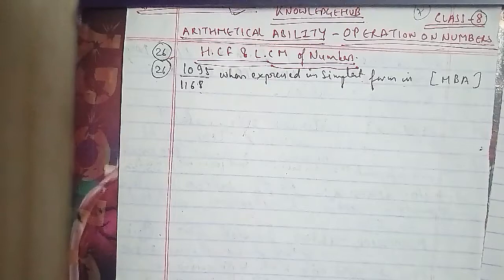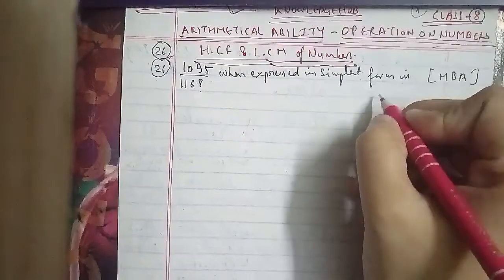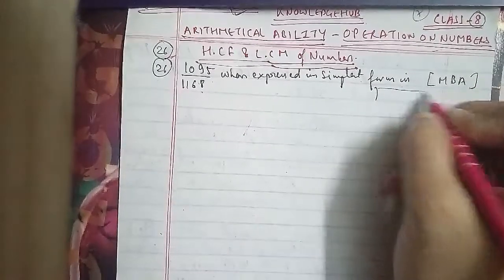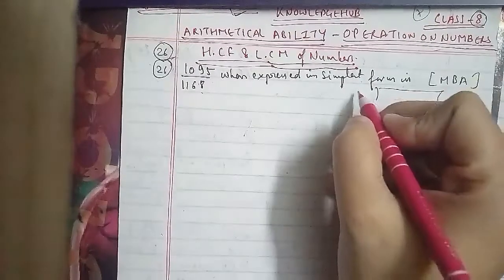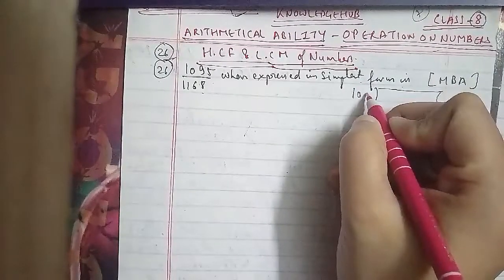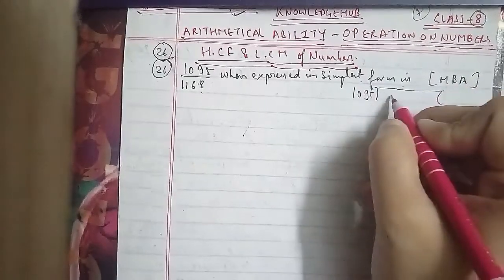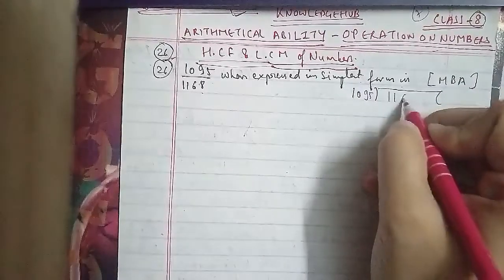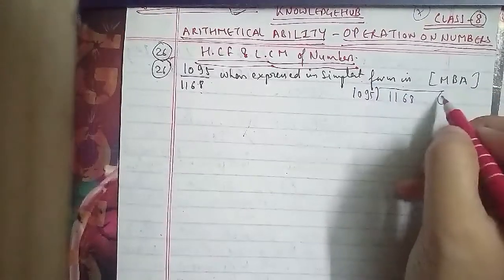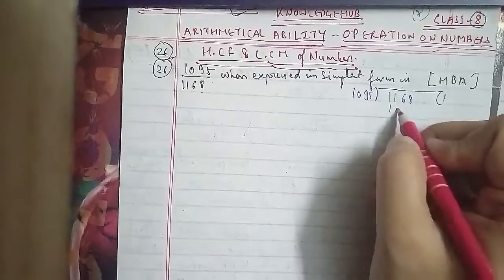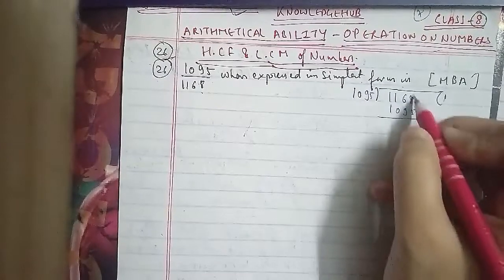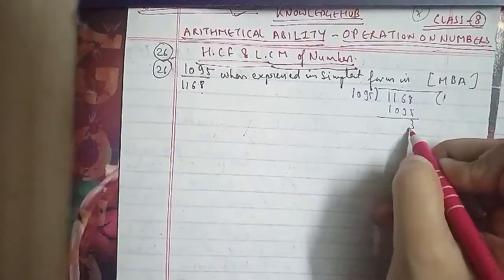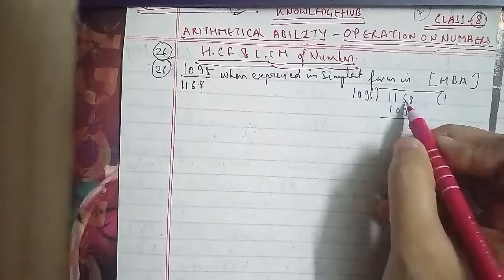We divide 1168 by 1095. 1095 ones are 1095; subtracting, we get 73.